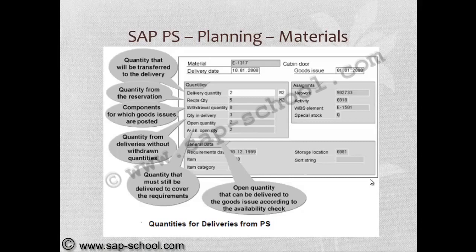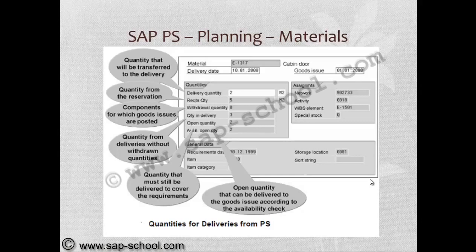Withdrawal quantity is how much goods are issued. Open quantity without withdrawn quantity is the quantity that must still be delivered to cover the requirements. Available open quantity is the open quantity that can be delivered to the goods issue according to the availability check.